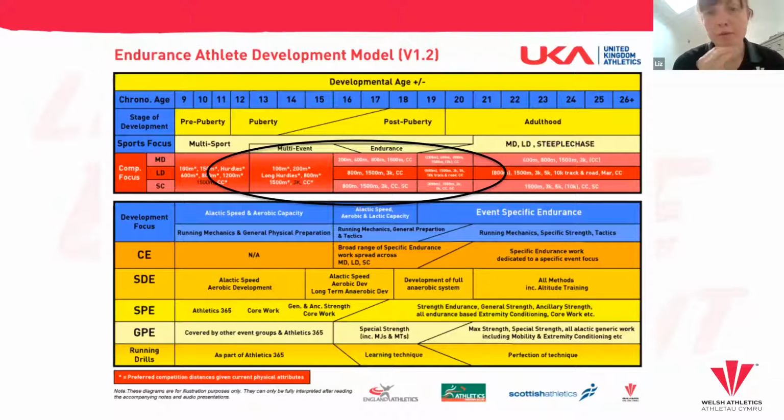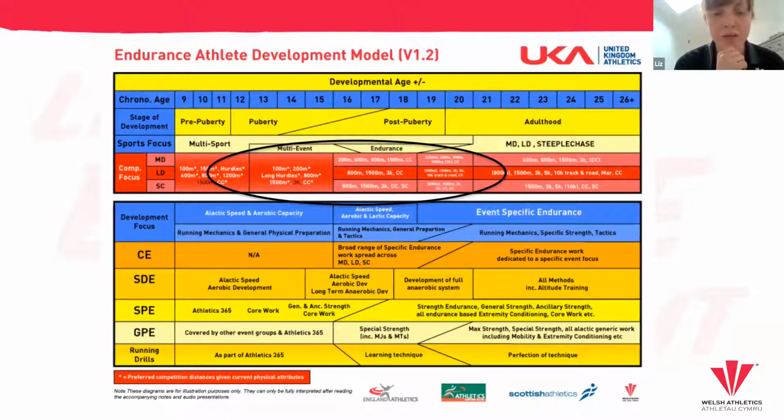As they move through those stages from 16 upwards, there may be events that they prefer or are more suited towards. However, I would always have the caveat that keeping that range across numerous events during competition will support their development as they move forward.